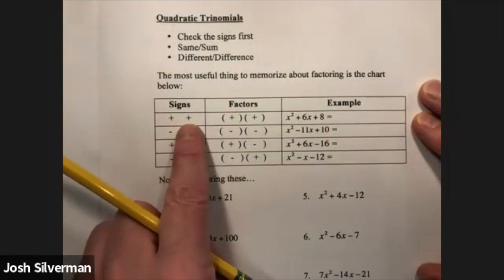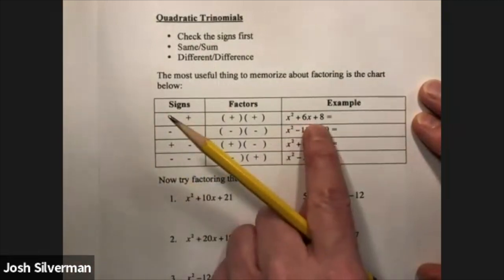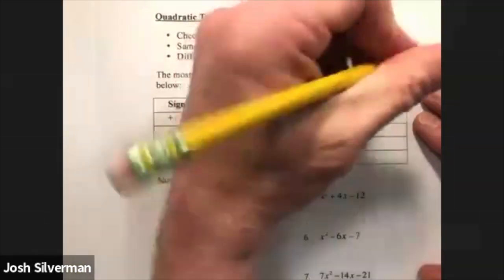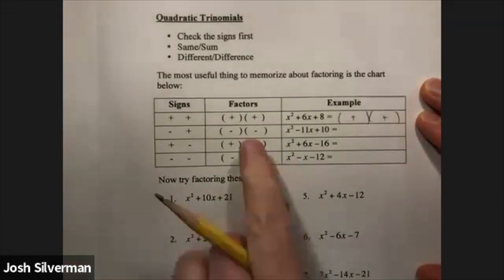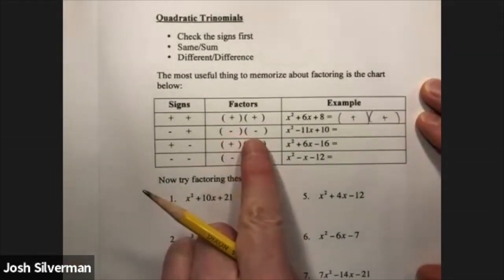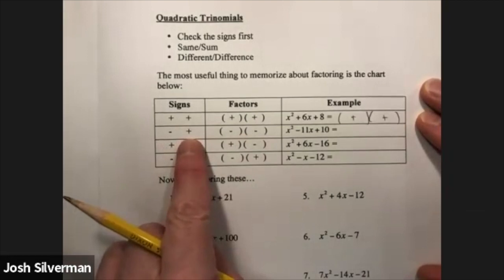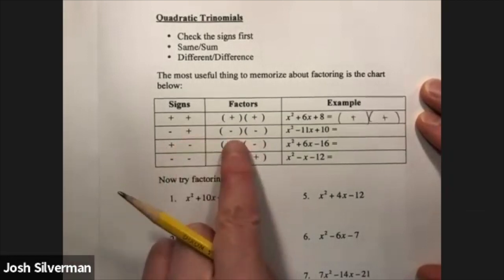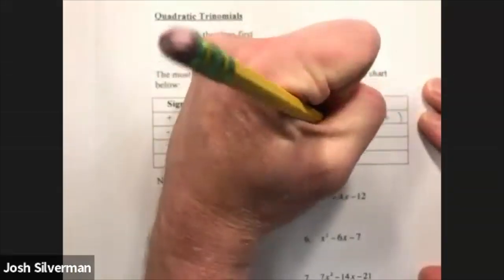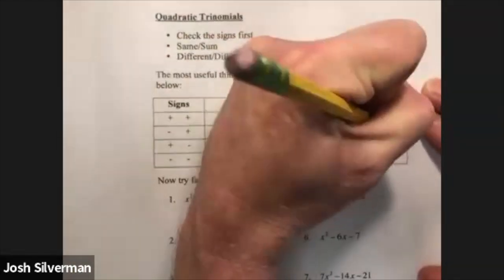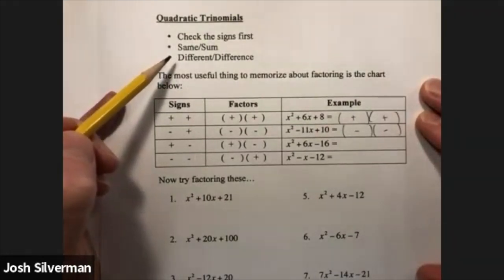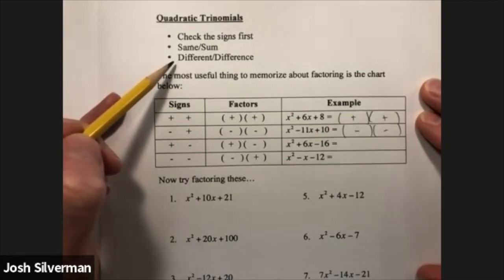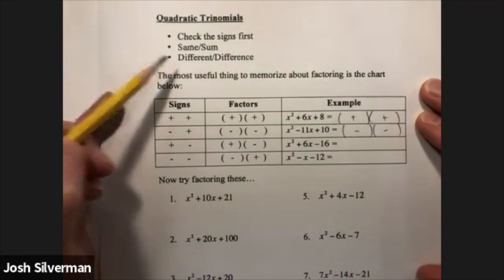If it is a plus plus trinomial, like we see right here, then the factors are plus and plus. We can predict that ahead of time. And so I'll just go ahead and put those in. If it is a plus minus, then the factors are minus, minus. So if we've got the same signs, it's a sum. If we've got different signs, it's a difference.